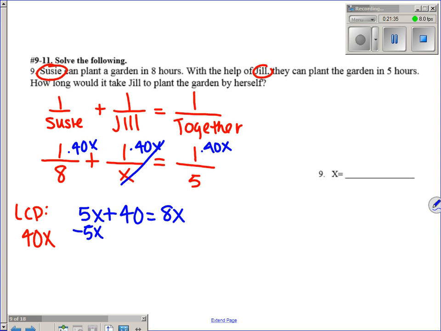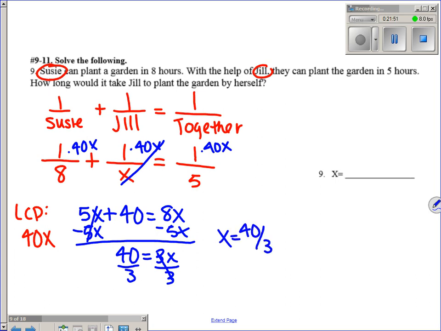If you subtract the 5x's, you get 40 equals 3x, and divide by 3. So x equals 40 over 3, or you could write it as a decimal, which I don't have my calculator right now, so whatever you get as a decimal, I'm fine with.